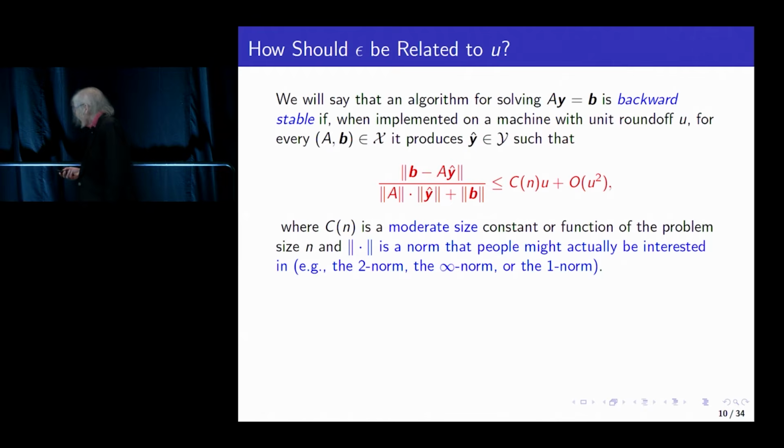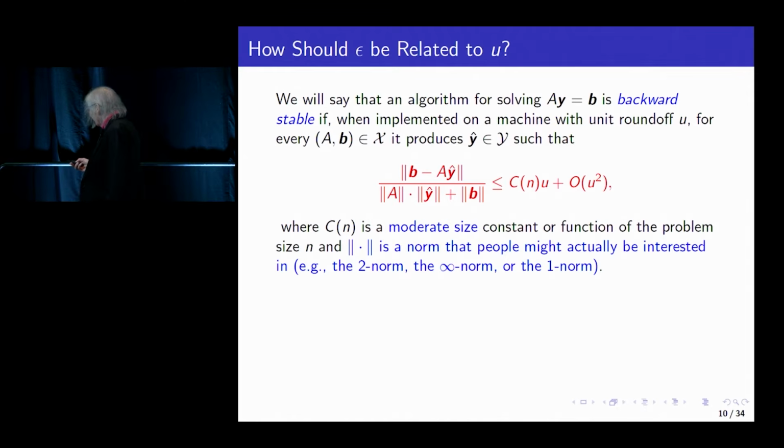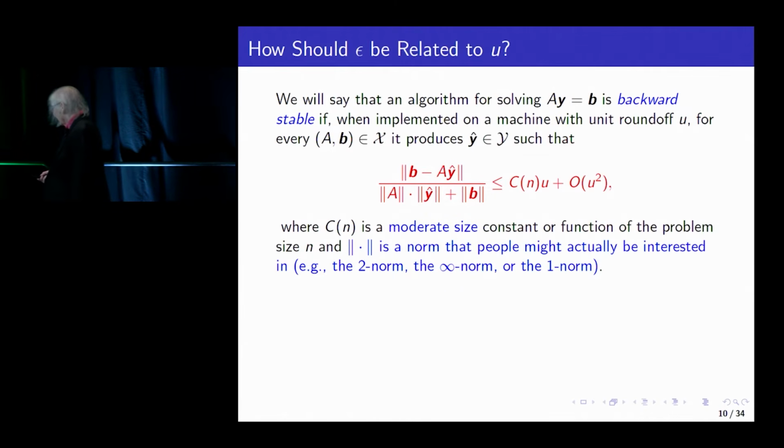We'll say that an algorithm for solving Ay = b is backward stable if, when implemented on a machine with unit round off u, for every A, b in the input space, it produces a vector y hat such that the norm of the relative residual is less than or equal to, I'll say, a moderate size constant or function of n times the machine precision plus O of u squared.